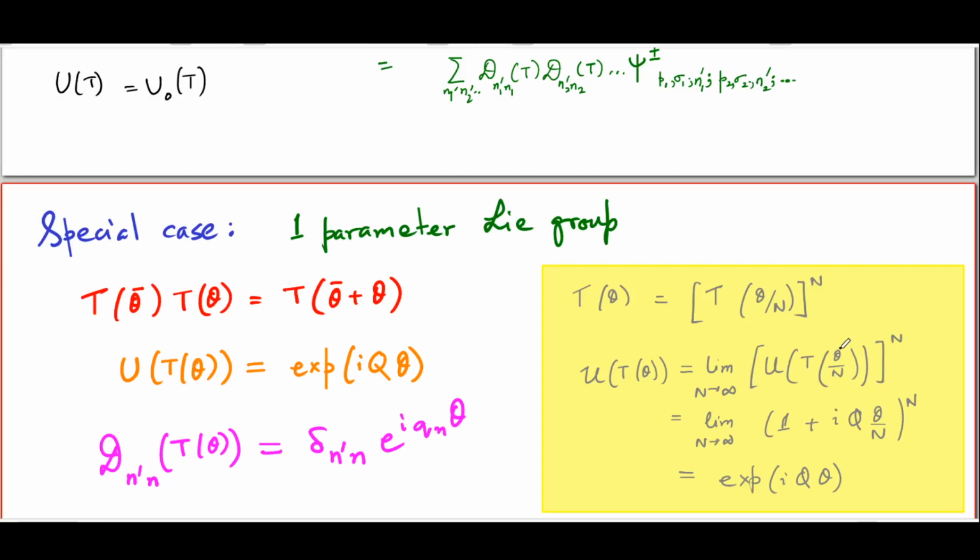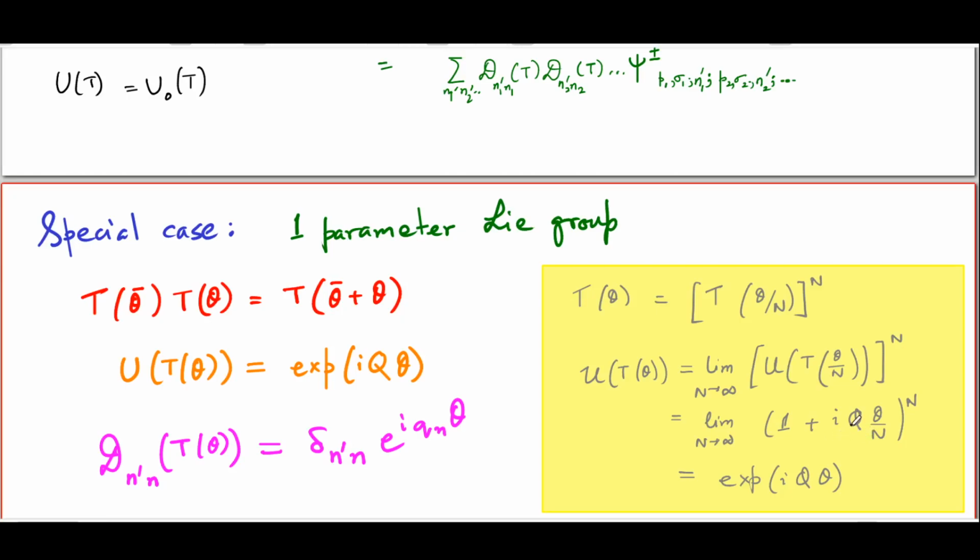But if n goes to infinity, then this parameter theta by n becomes infinitesimally small. So the corresponding unitary operator becomes something which is very, very close to the identity. After all, T of 0 would have given you the corresponding operator as identity. So we get identity plus theta by n, which is the parameter for this case, times an operator which you call the generator.